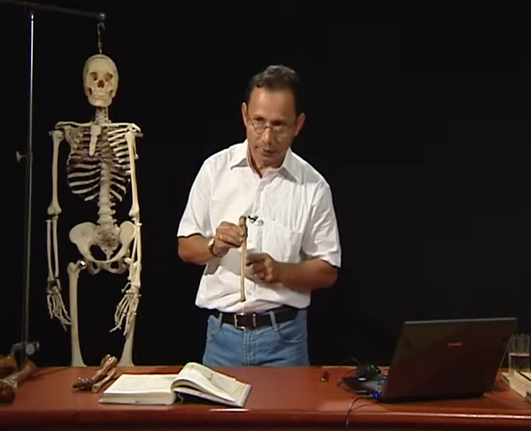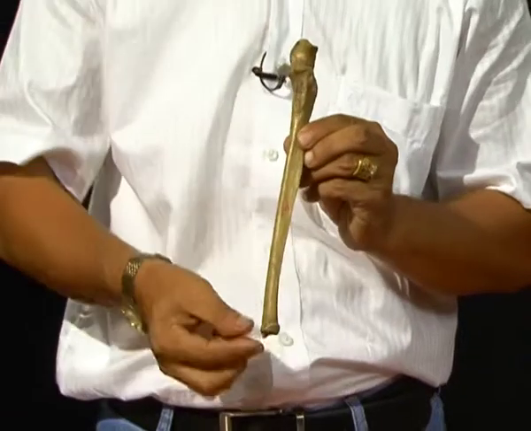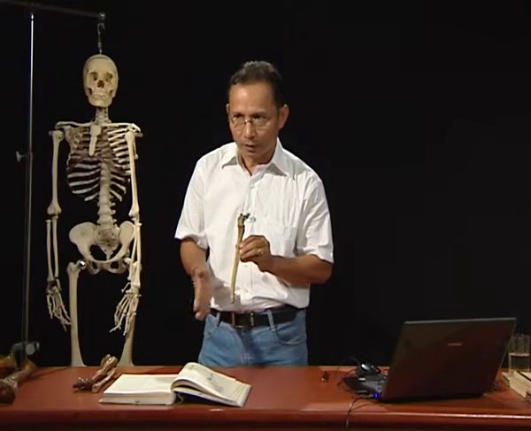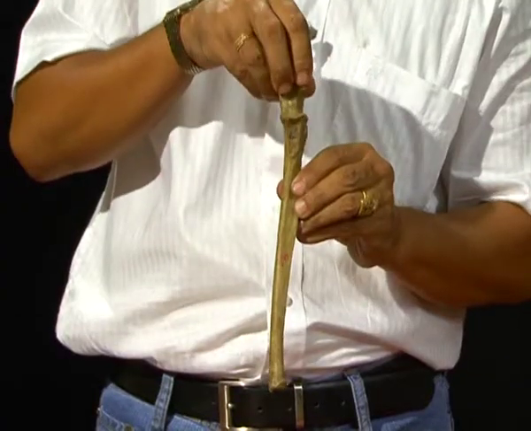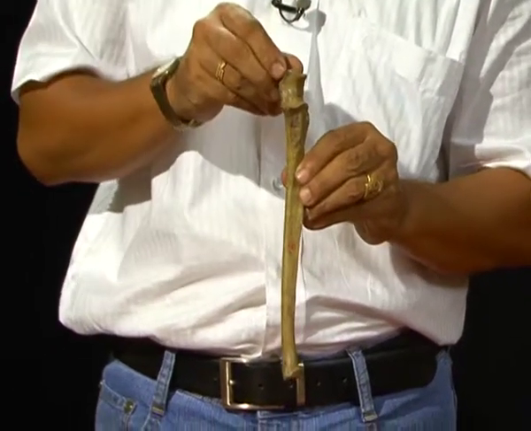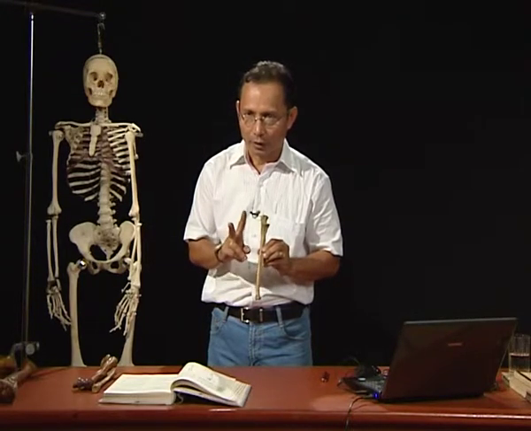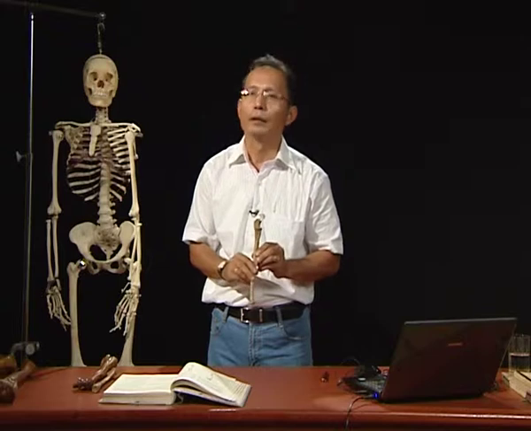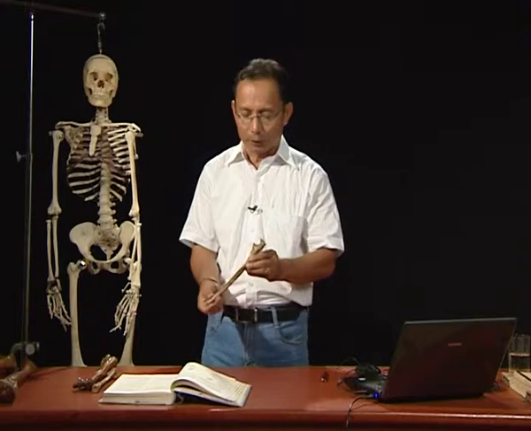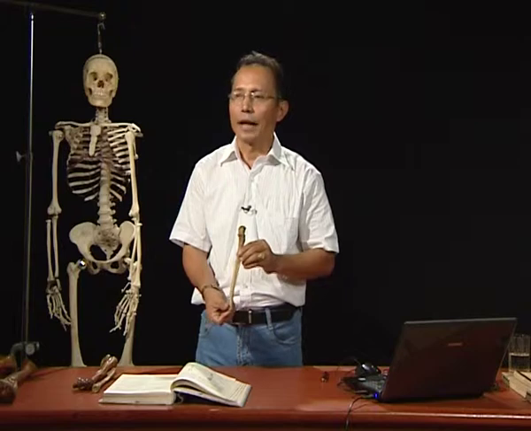This interosseous crest should be lateral in position, and this styloid process medially towards the body. Olecranon process should be up, superior in position. So keeping these points in perfect orientation, you can easily say to which side of the body it belongs. So this particular ulna which I am demonstrating is the left ulna.